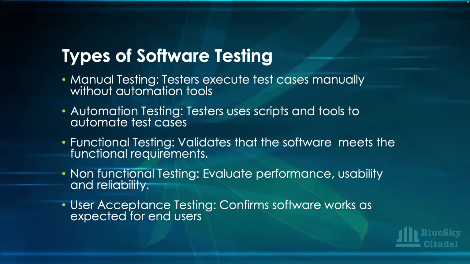But for UAT, we can't test again unless we're in a large team where a tester will focus on functional, another tester will focus on non-functional testing, and another one will focus on UAT testing. But for a small company, the BA, that is the business analyst, or the product owner, PO, actually does the majority of the UAT, or even the Scrum Master does the UAT.